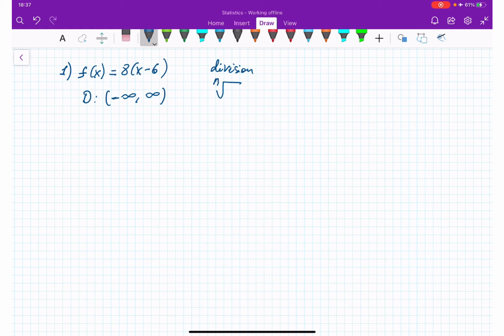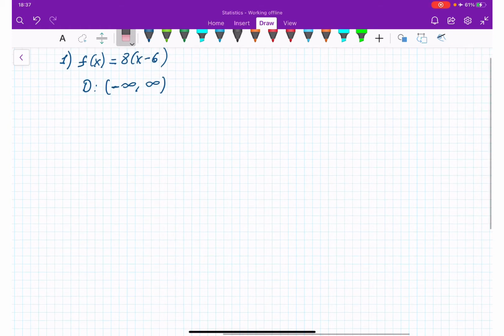Now, we don't have division here, and we don't have a radical. Therefore, our domain is going to be from negative infinity to positive infinity. On the graph, since we have domain negative infinity, positive infinity, that means our graph is uninterrupted, right? Okay.